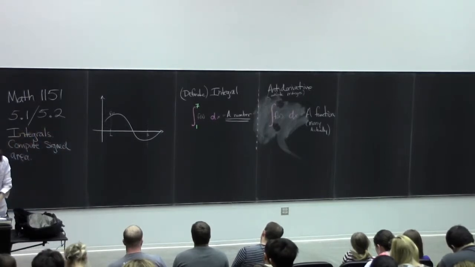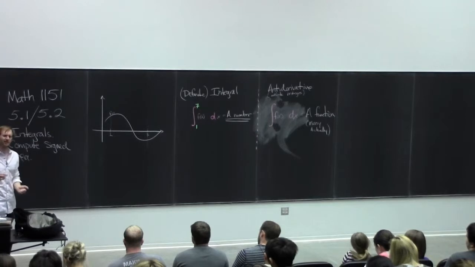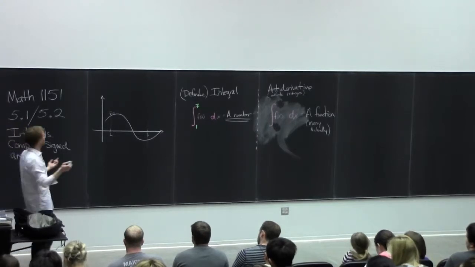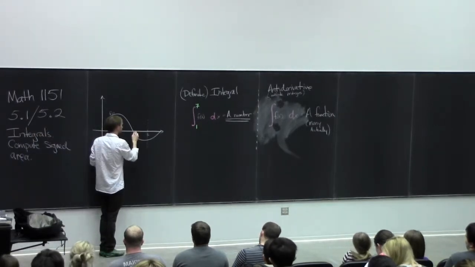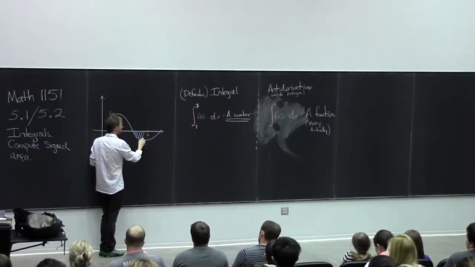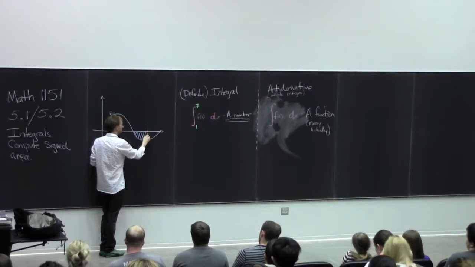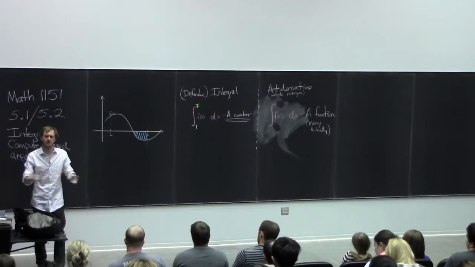And so blue is, I was about to say blue is a happy color, you know, blue skies. But maybe blue is a sad color. Okay, so blue is a sad color, obviously. And so here is the area. It's the signed area between our function and the horizontal axis.